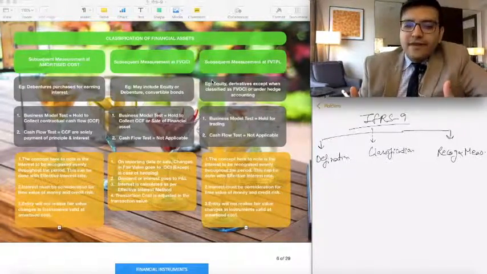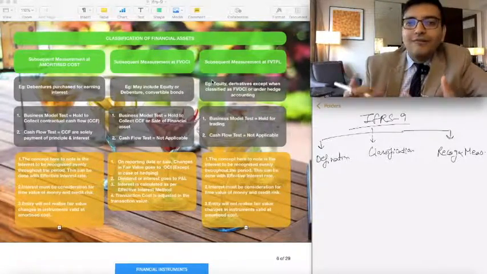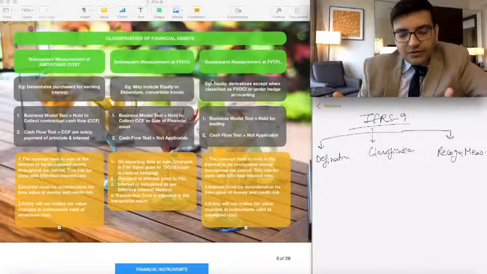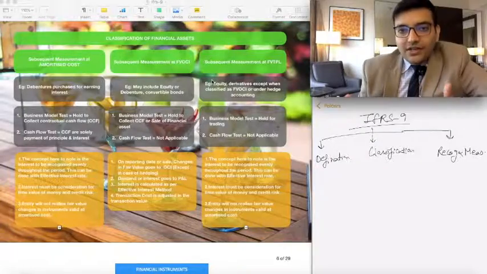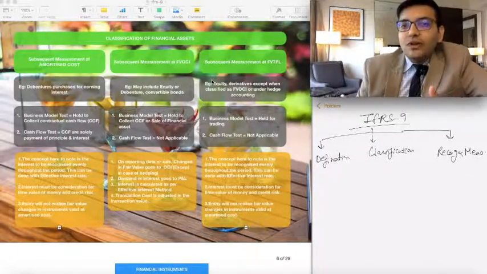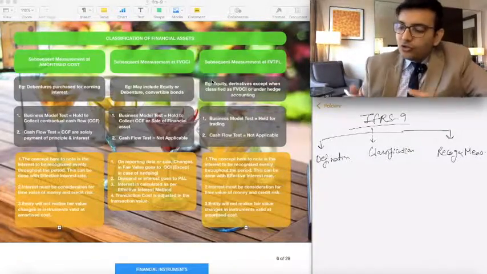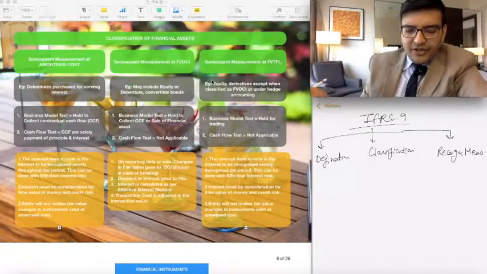The main motive is to present the intention of the company in the books of accounts. That is the main reason, right? So they have classified into 3 criteria based upon the intent, or the business model of the company, right? There are 2 tests which are done in any classification, right?